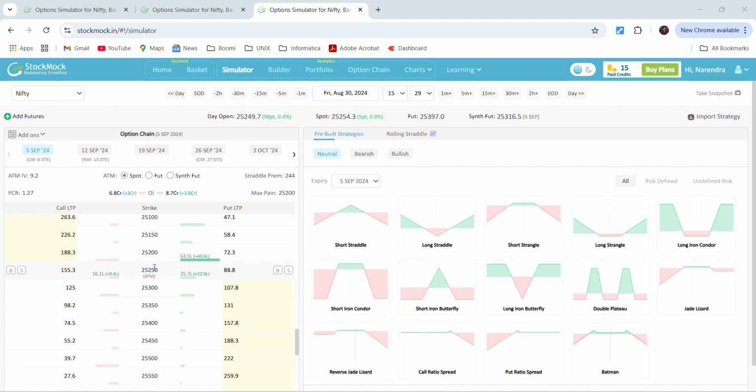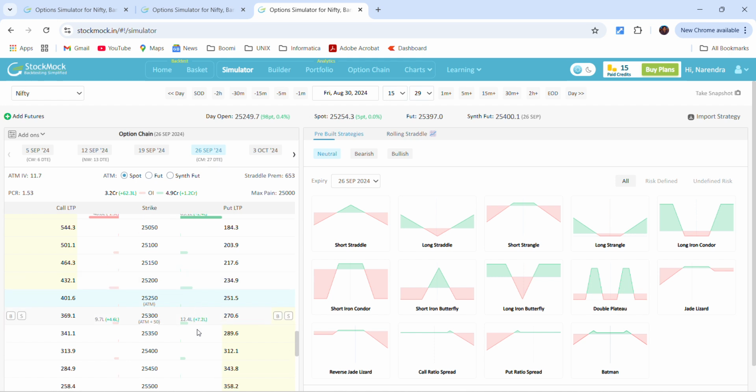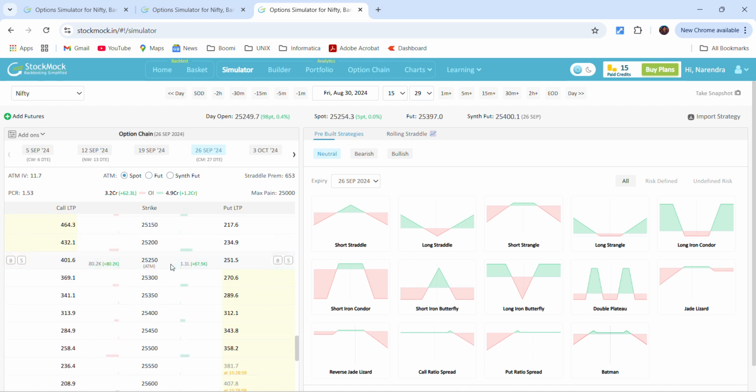Currently, I'm taking August 30th as an example, and for the September expiry. The at the money here is 25,250. So the first leg is we will deploy the CE side.